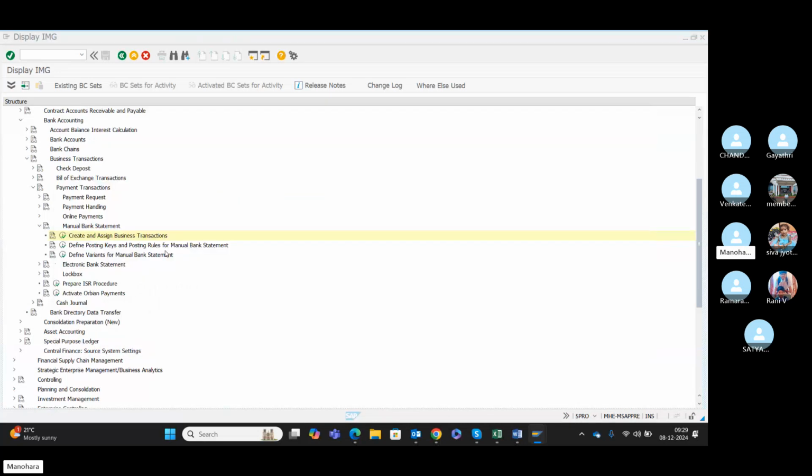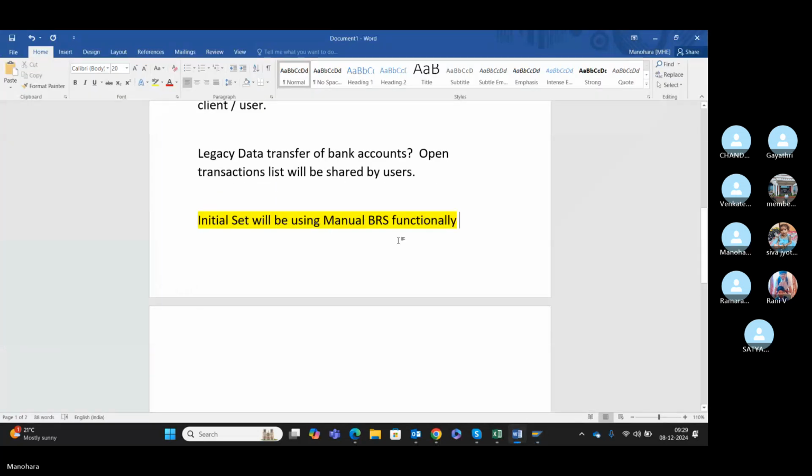Step 1: this is the creation and assignment of the business transaction, the usual setup configuration.